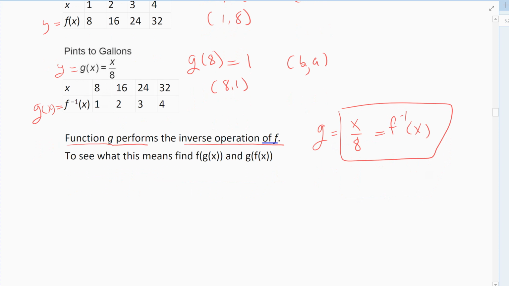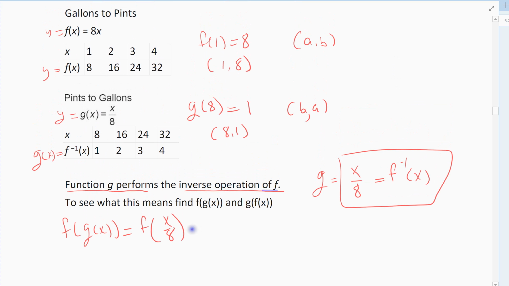To see that that's the case, we'll find the composition, and what you'll notice is they undo one another. We'll do the first one, f of g of x. So g of x is x over 8, and remember what f was, x times 8. So I get 8 times x over 8. The 8 is reduced and leaves me with x. So they do undo one another. They leave me with what I plugged in.